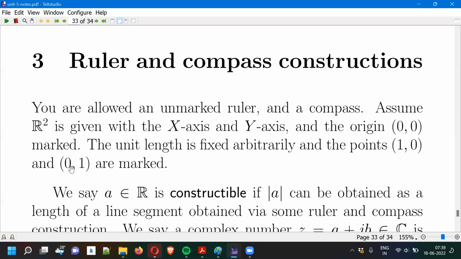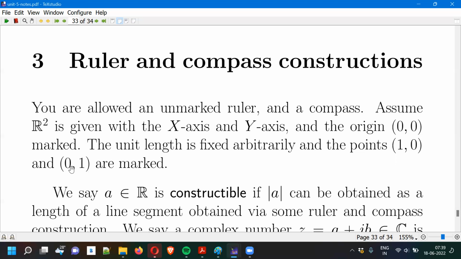Now, do you realize once you mark unit length, you can repeat this again and again by changing the center of the compass and go on marking all integer coordinates, right? So you can mark every other point 2, 0, 3, 0, 4, 0, and so on the x-axis. Similarly, you can mark 0, 2, 0, 3, 0, 4 on the y-axis by just repeating.